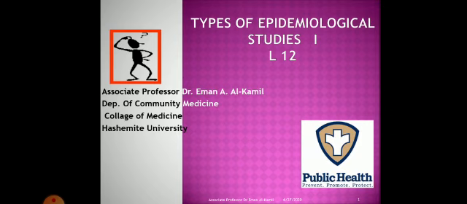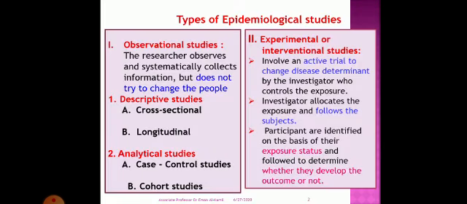The main objective of this lecture is to know the different types of epidemiological studies and when to choose the appropriate type. Epidemiological studies are divided mainly into two broad categories: observational studies or experimental studies.